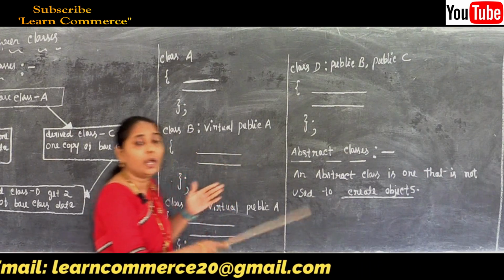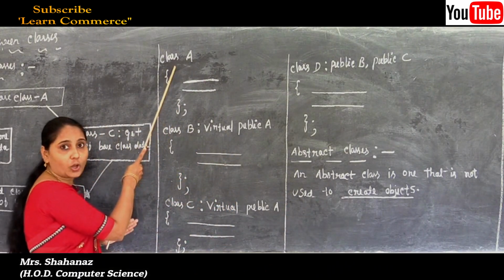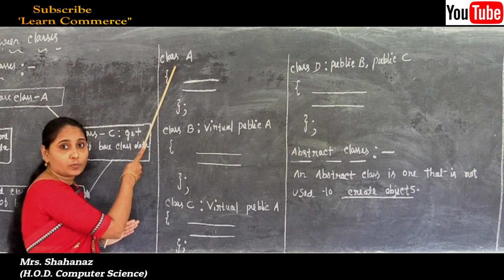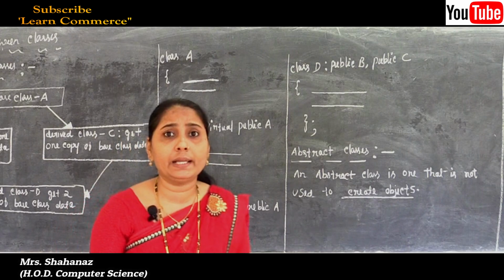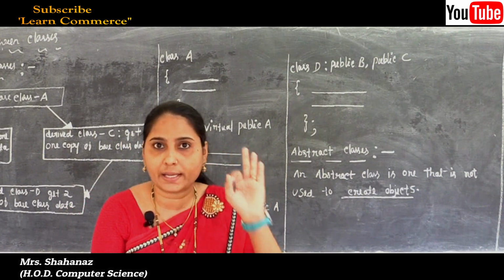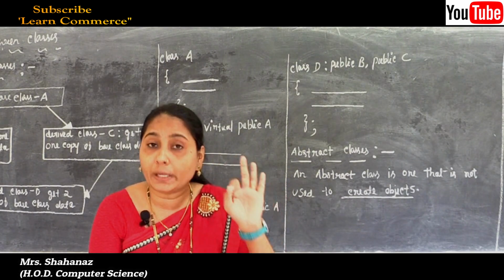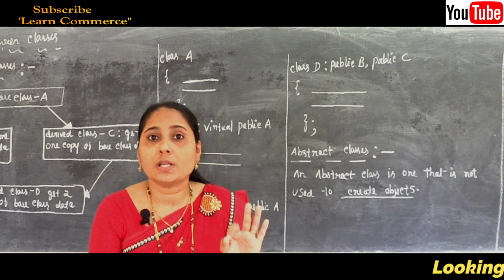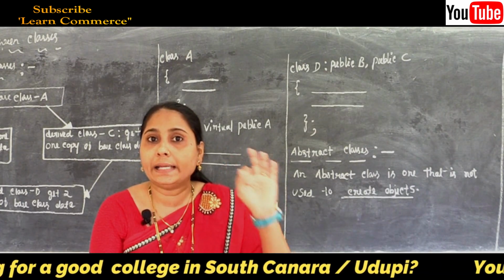Clear this point here? So in this example we can say that class A is called the abstract class. Why? Because in the last class I already showed the use of single inheritance, and you should remember it. While declaring the object, I used the derived class name.